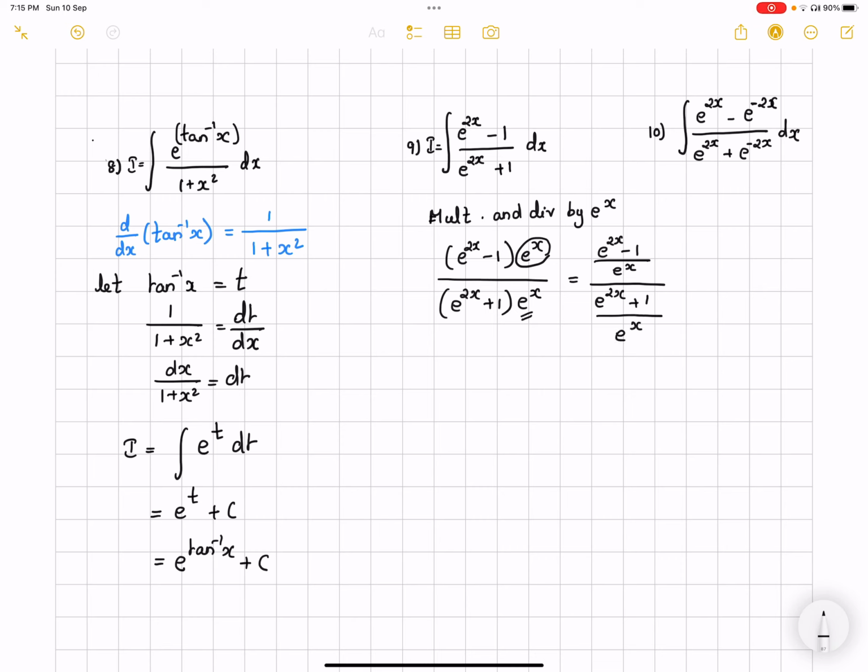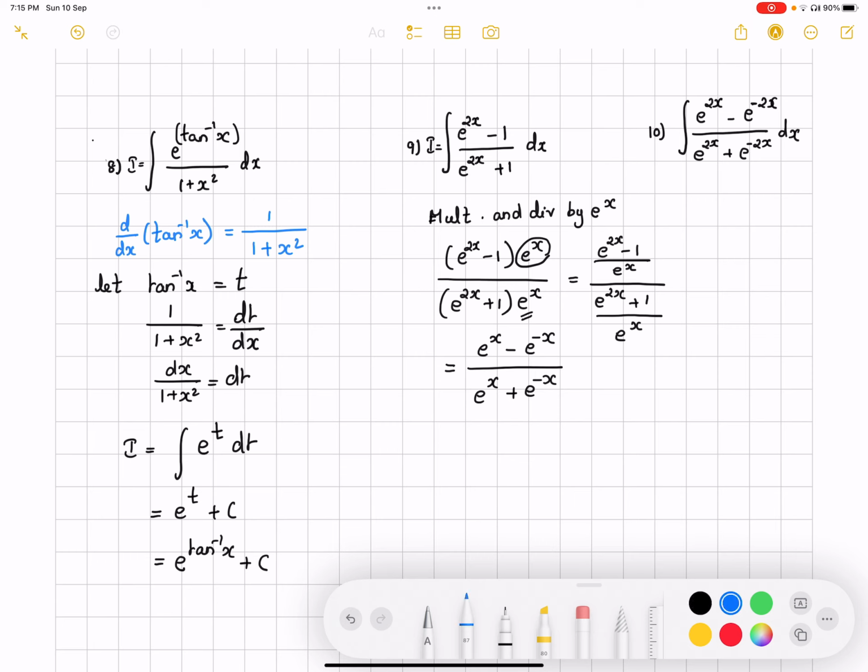I'm using that logic. Got it? So now, see the change of my integrand, how it is getting changed. It becomes e to the power x minus e to the power minus x divided by e to the power x plus e to the power minus x.